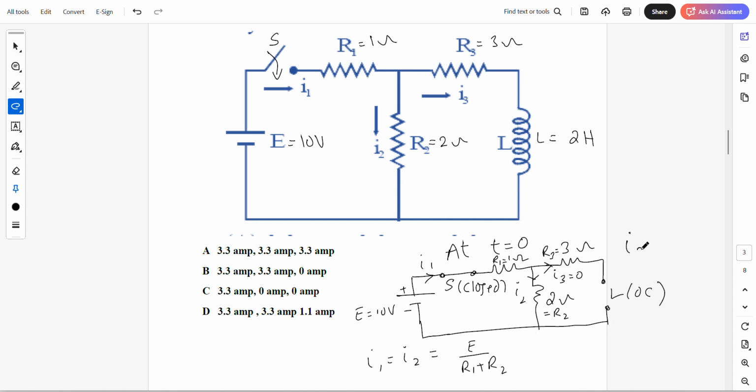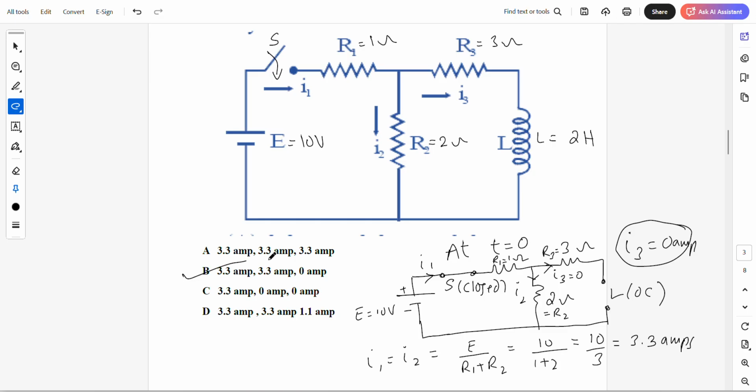How much is E? 10 divided by 1 plus 2, that is 10 by 3, which is 3.3 amperes. And here it is 0 ampere. So I1 is 3.3, I2 is 3.3, I3 is 0. This is the correct answer.